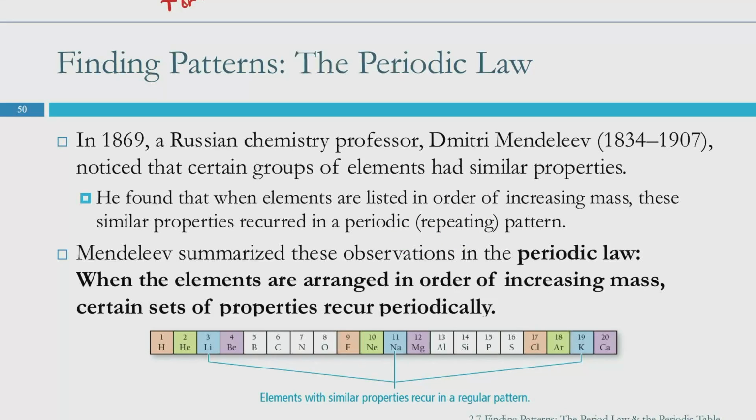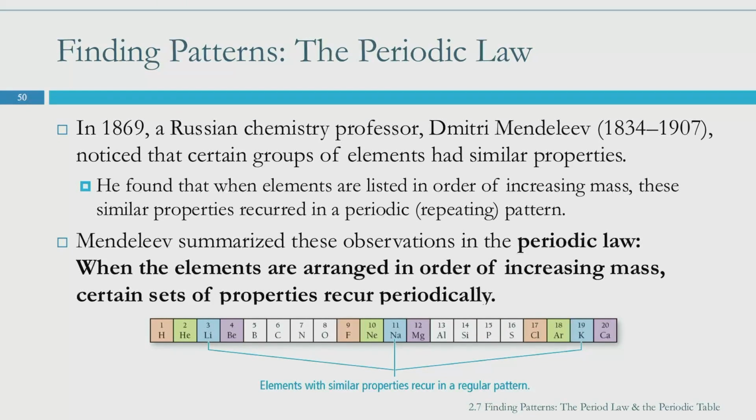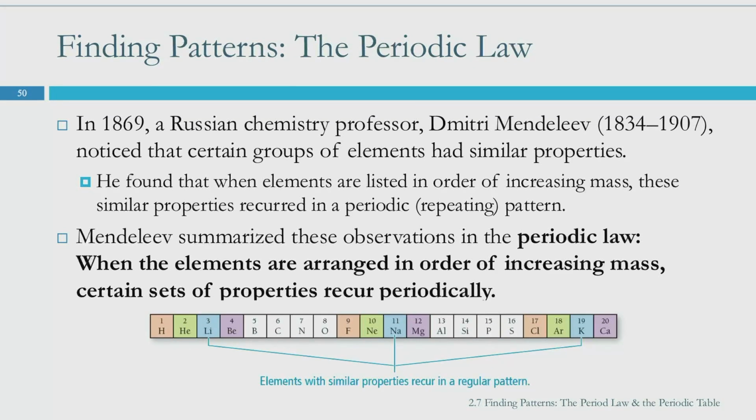So periodic just describes something that happens on a regular basis, like the pendulum on a clock swinging back and forth is periodic, swings back every second or two. Mendeleev, I'm not sure how it's pronounced, observed and summarized this as the periodic law. The periodic law says that if we arrange our elements in order of increasing mass, which also correlates to order of increasing atomic number, then certain sets of properties recur or occur again periodically.